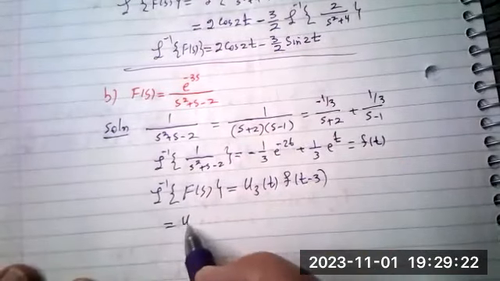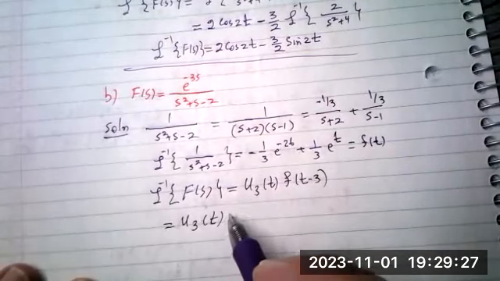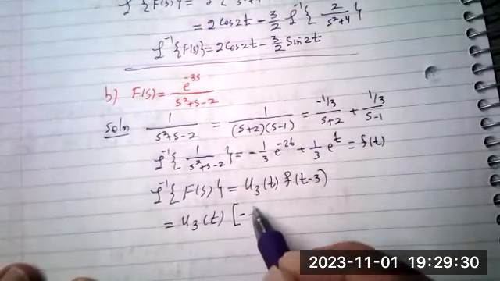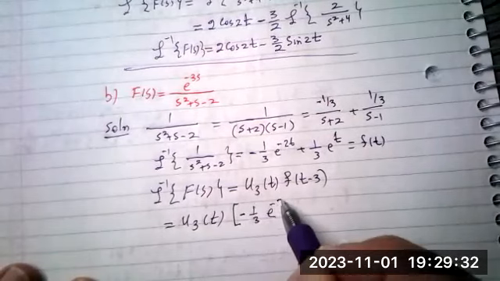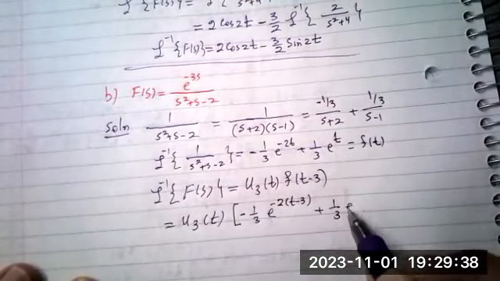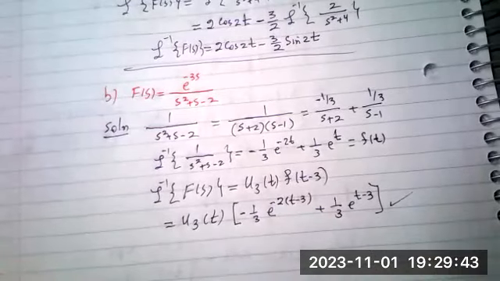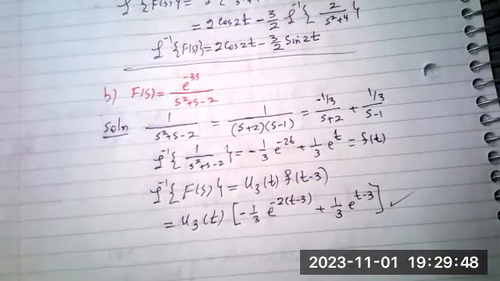So it's equal to u3(t) times negative 1/3 e to the negative 2 times t minus 3 plus 1/3 e to the t minus 3. That would be the final answer. We said this is f of t, so we write the answer in terms of f of t minus 3, and then we're done. Why is it minus 3, not minus 2? Because it's e to the negative 3s.